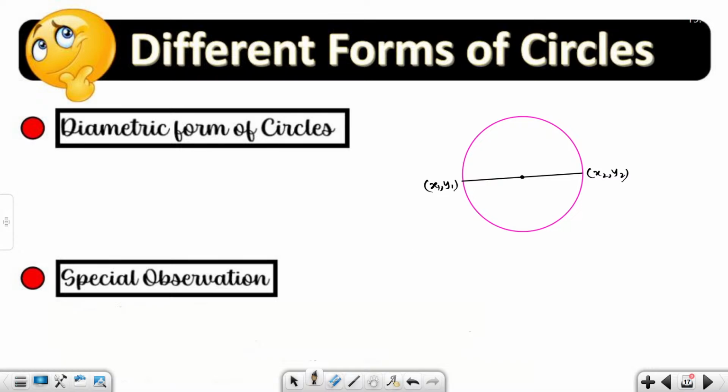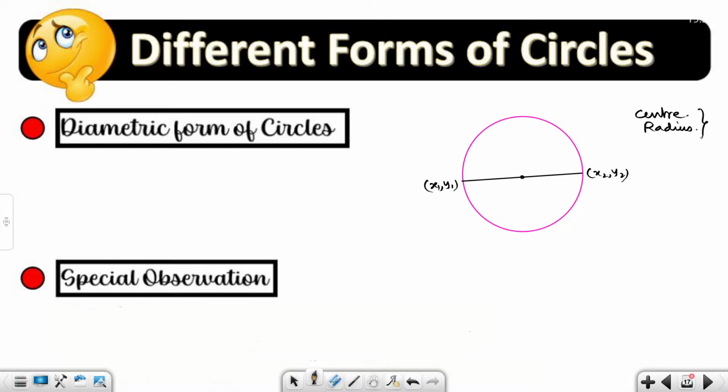See, there are two ways of finding it. One, a very boring method. And number two, the second method is a very interesting method. But first I will tell you the first method. I told you to find the equation of a circle, you need two things: one, its center, and another, its radius.